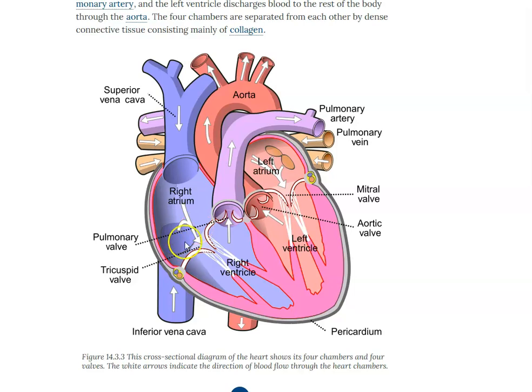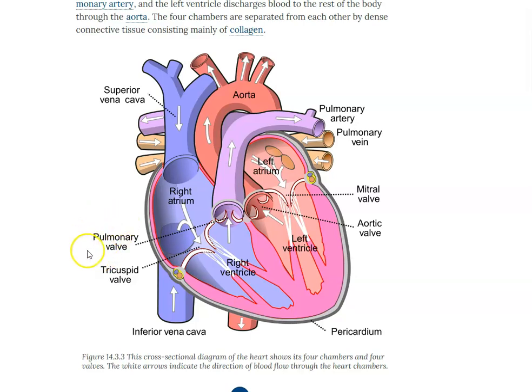Now, the valves between the atria and the ventricles have specific names, the tricuspid and the mitral, also sometimes called the bicuspid. But they are classified together as the atrioventricular valves because they're between the atria and the ventricles. Then there is a second set of valves which go to the great vessels, and they look like moons, so they're called semilunar.